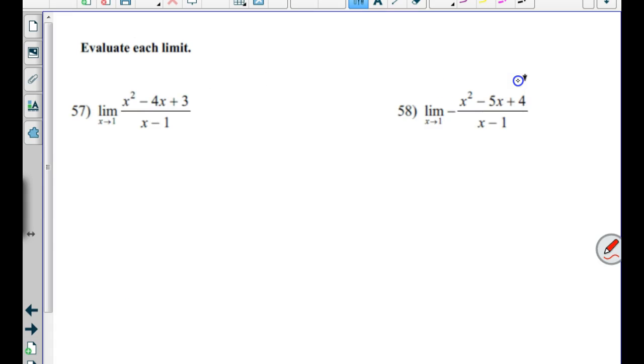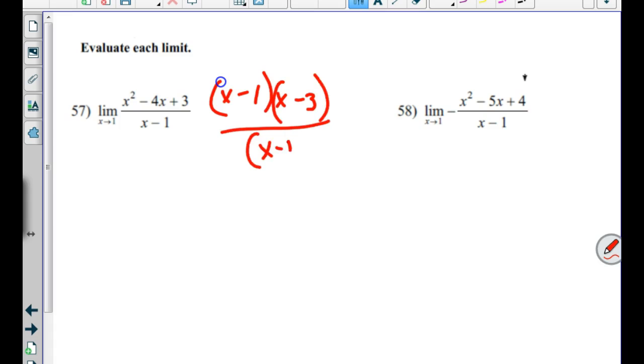I will skip to 57. You could definitely graph, but you could also factor. Does that work? And then put in a 1 to see what happens after you divide it out.